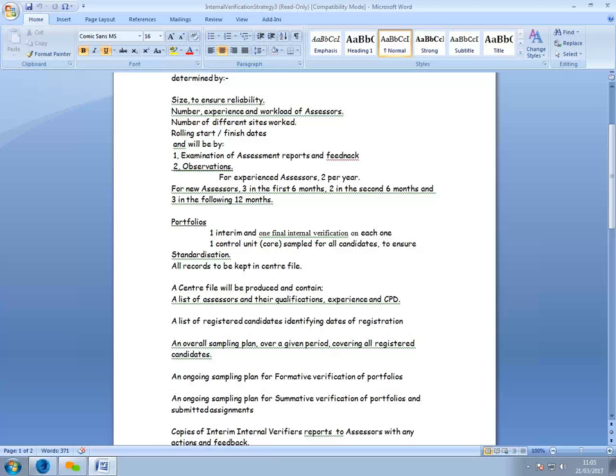This means that at some of these meetings, you need to have a practice. You'll take a unit on the qualification that 2 or 3 assessors are actually assessing, and give them a student's work, exactly the same piece of student's work, and get them to assess it. And from the result, you'll know whether they are assessing at the same level and standard.